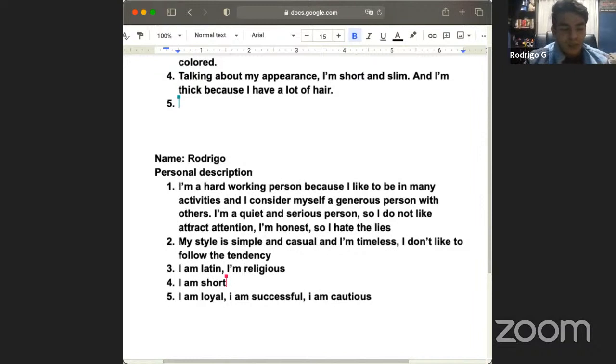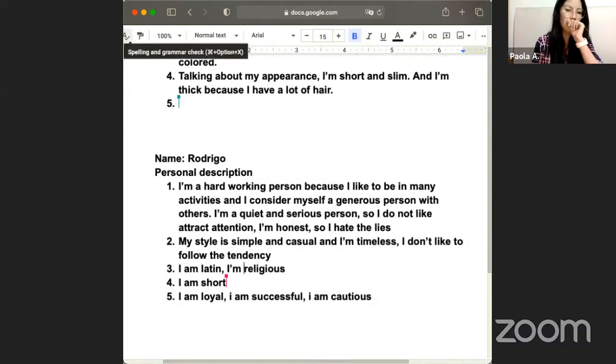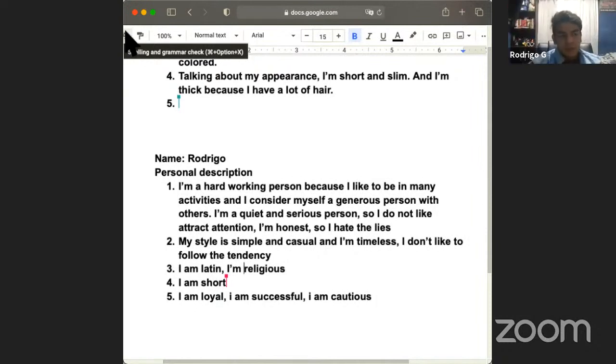So my physical and my physique. I am a short person because I don't know, I consider myself in the average, so I don't know how to explain that.